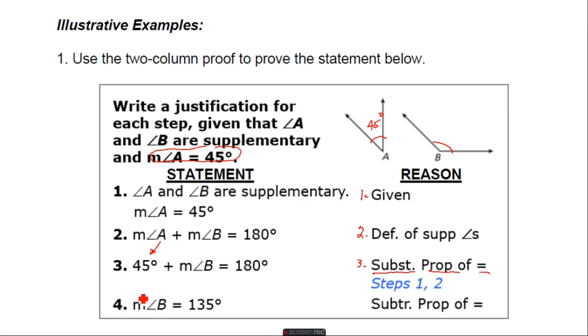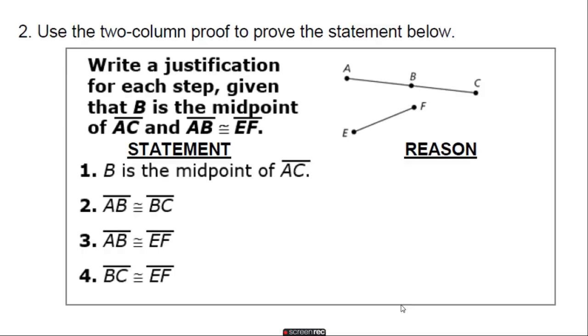Next, we are now going to prove measure of angle B is equal to 135 degrees. Our reason here is subtraction property of equality. Why? Because 180 degrees minus 45 degrees will be equal to 135 degrees. What we actually did is to subtract, so this is the subtraction property of equality. This is how we illustrate the two-column proof.